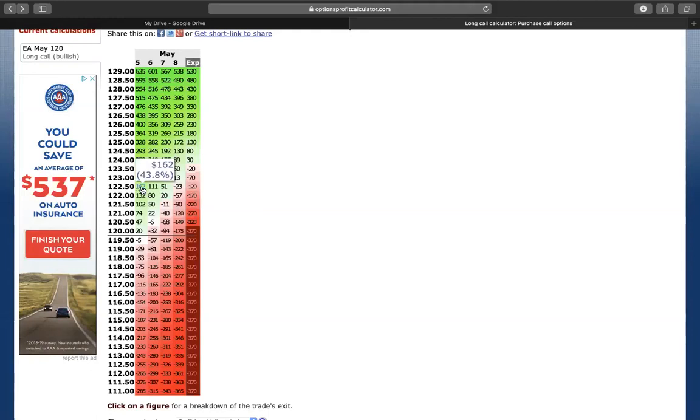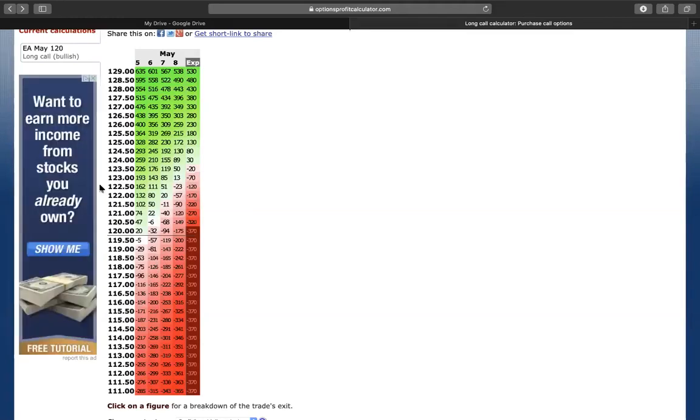If you were to keep holding this, it's just going to create anxiety, especially if you already know EA moves $3 per day on average, and I just took advantage of that whole $3 move. Anything after that is considered greed. It's not you letting it run, because you already know what the average is.